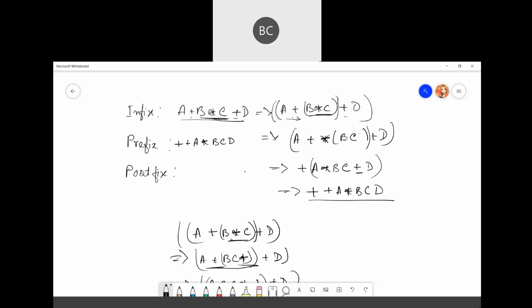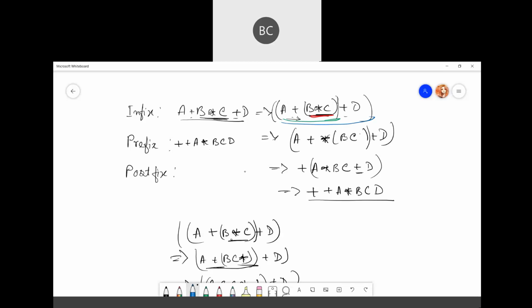As per precedence, multiplication has higher precedence. So for your purpose, you can give some brackets here. That means you will evaluate this expression first, then this expression, then finally this expression.